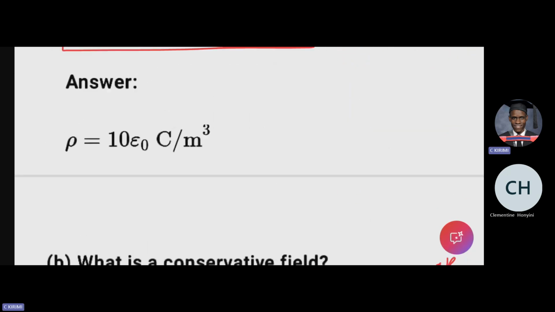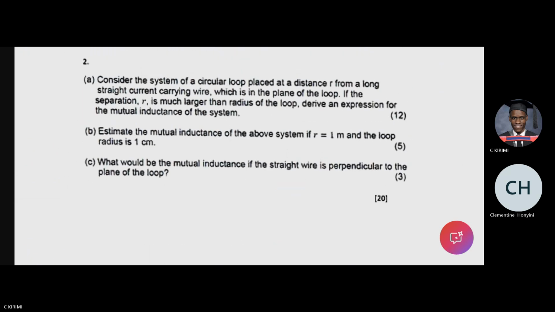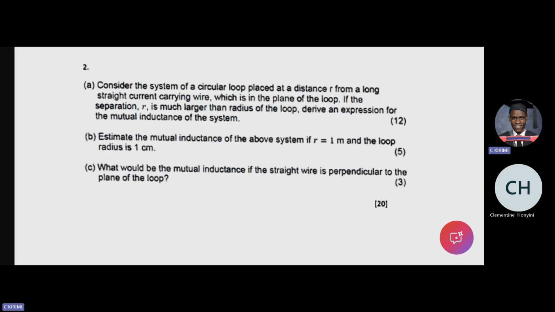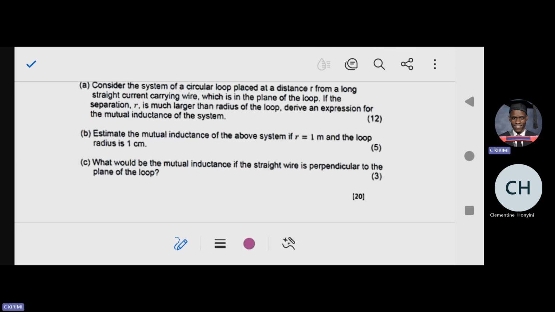Then for question number 2, consider a system of a circular loop placed at a distance r from a long straight current carrying wire, which is in the plane of the loop.